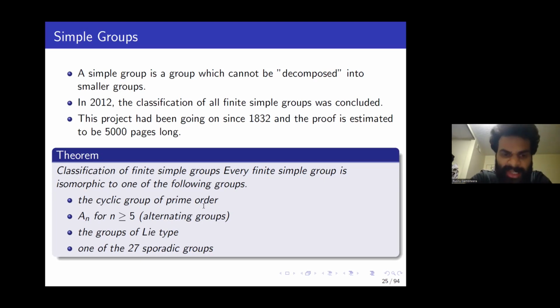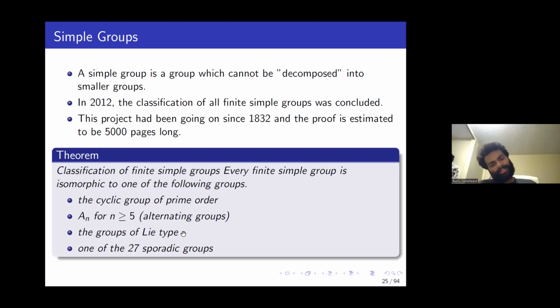There are infinitely many cyclic groups of prime order, simply because there are infinitely many primes out there, and for each n, there's an alternating group. And there are several families of Lie groups, and they are infinite families. So unlike the atoms in chemistry, atoms in symmetry have infinitely many of them. So it's an infinite periodic table.